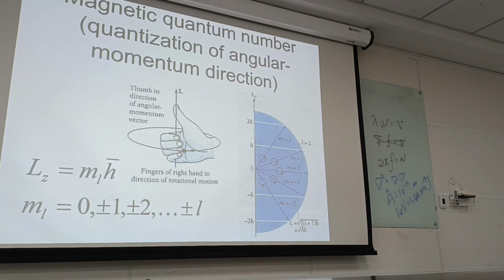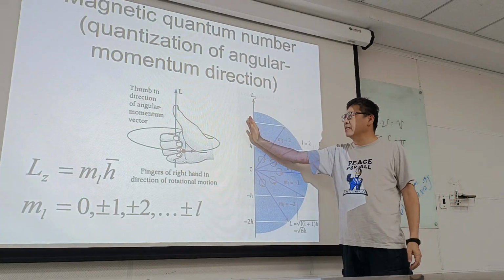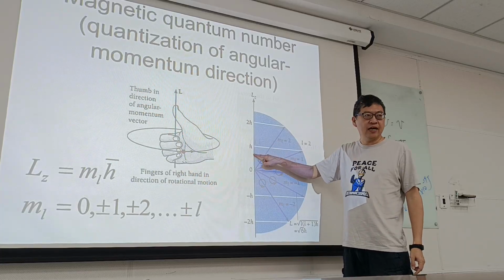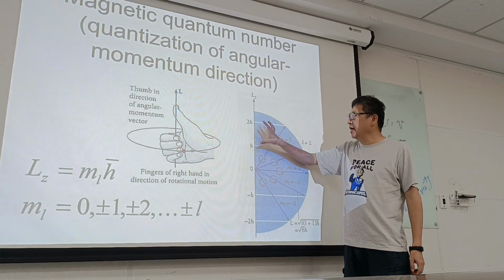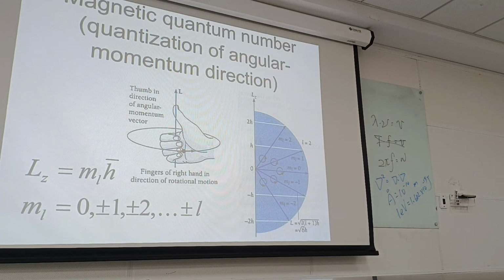Uppercase L equals the square root of lowercase l times l plus 1, multiplied by h bar. This is L, and the z component, the projection on the z axis, is ML.